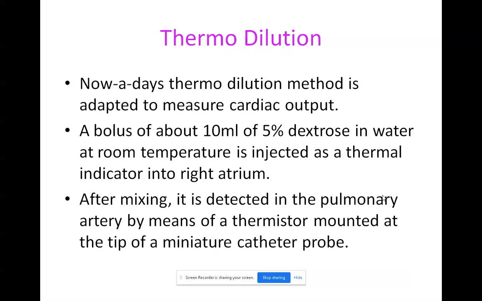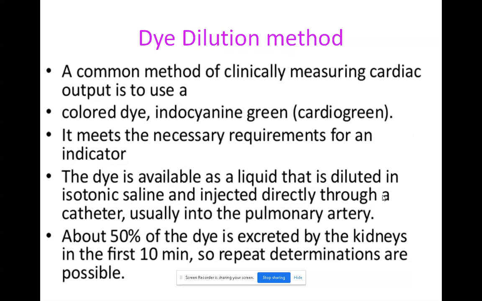So that was the dye method. We inject dye into the blood of the heart. After injecting, you take the blood for the measurement of cardiac output.